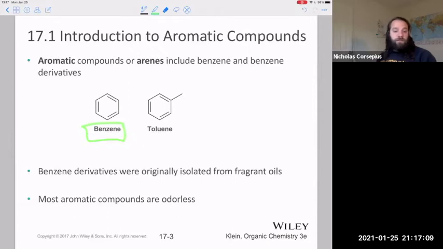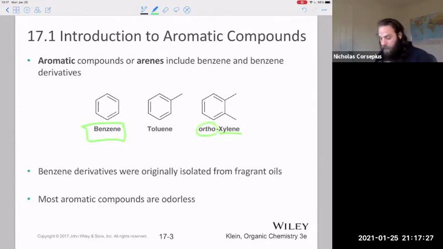Unfortunately, somewhere in the history of chemistry, it's got its own special name. It's toluene, okay? Similarly, if it's got two methyl groups, we'd want to call it dimethylbenzene or something like that. But no, this one has its own special name, xylene, okay? And this ortho, we'll also talk about what that means. Just a preview, it has to do with the fact that these two are right next to each other.